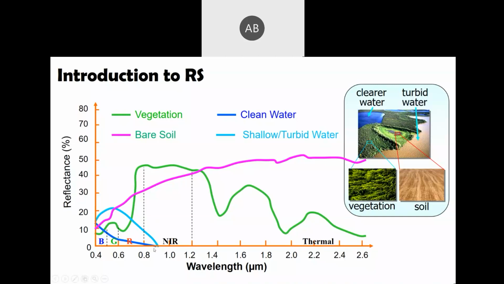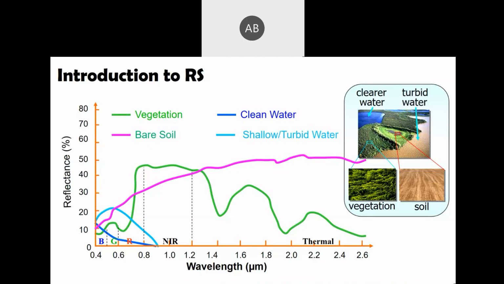Here, if you look at the graph, in the blue range, around 0.4 up to maybe here, you see the blue color graph, which is showing maximum reflectance around 8, this is 10, now around 12. So that means around 12% of the emitted energy is being reflected.